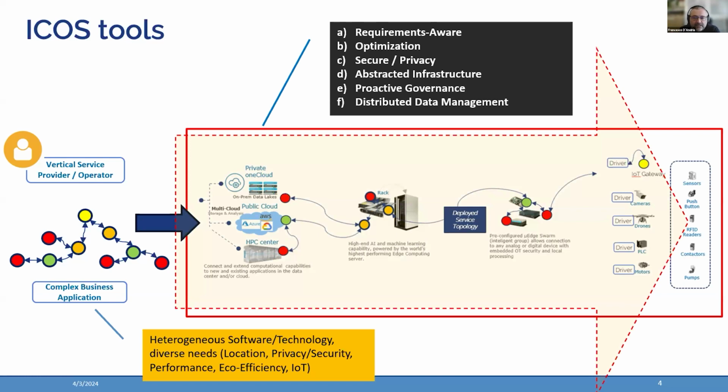And at the end of the day, the ICOS characteristics will include requirement awareness and the optimization of the vertical application topology onto a bunch of distributed and heterogeneous resources for getting the maximum in terms of quality of experience and quality of service, ensuring security and privacy, and of course abstracting the infrastructure that we will be using.